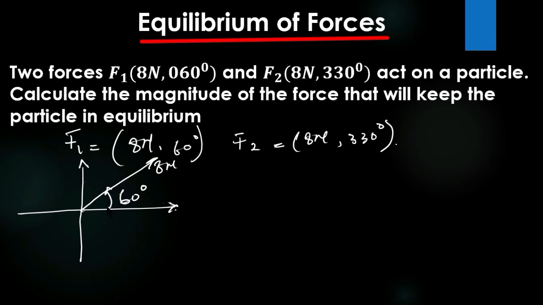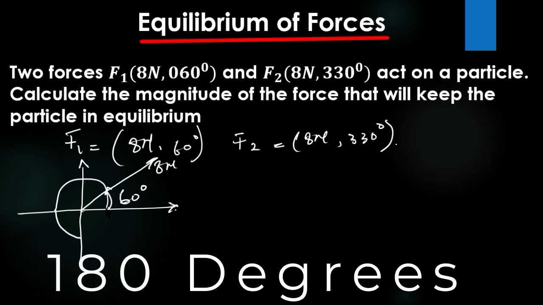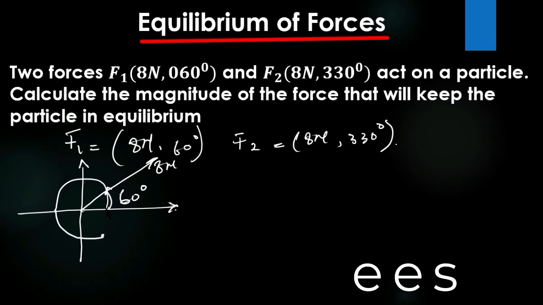Now, for the second force acting at 330, here is 180, here is 270, then here is 330. So that I have it this way too. Between 330 and the x-axis, I'm left with 60 degrees.